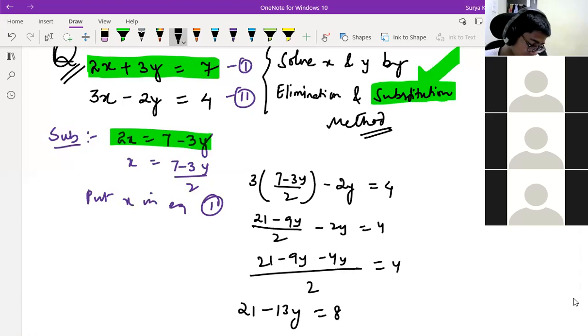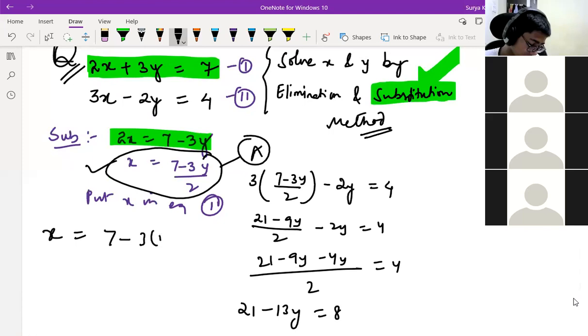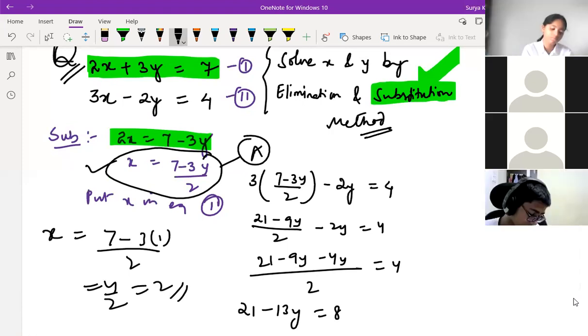Now we put it in this equation. This is easier. You can put it in any equation, first, second, or this one, but this is the easiest place to put y. That is, 7 minus 3 into 1, divided by 2. 4 by 2, the answer is 2 only, so x is 2. Is it clear, children? "Yes, sir."